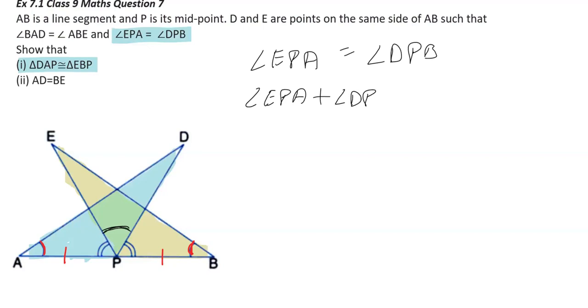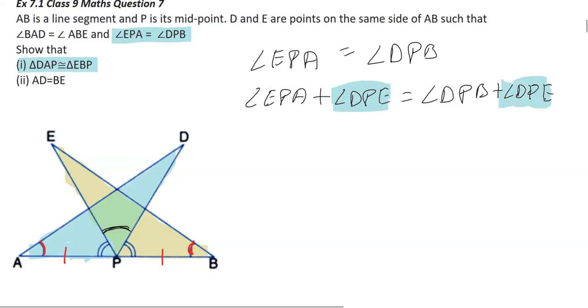Adding angle DPE to the left and to the right, angle DPB plus angle DPE. Once again, I added this angle DPE on both sides. Then you'll get this whole angle on the left hand side.